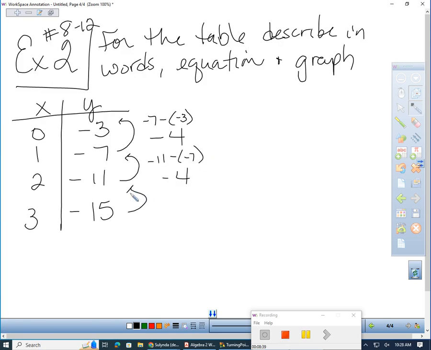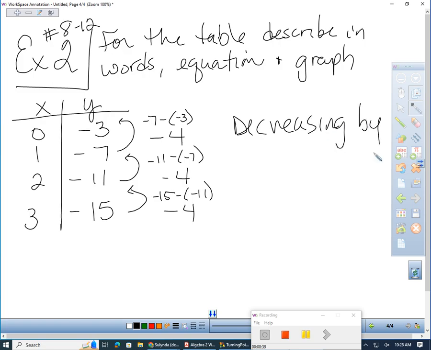And -15 minus -11? Good. All right. So is this increasing or decreasing? It's going down 4 every time, right? So this is decreasing at a steady rate. So decreasing by 4 each time.